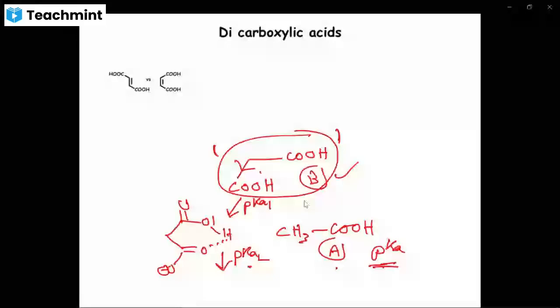Yeah, so one reason is that hydrogen bonding will be destroyed. At the same time, if you see, yes, minus I effect is also there. Sorry, here you will have plus I effect, not minus I, plus I effect. If you remember the first class, I said that the carboxylic acid form will show minus I effect, but when it becomes carboxylate, it will show plus I effect, right?